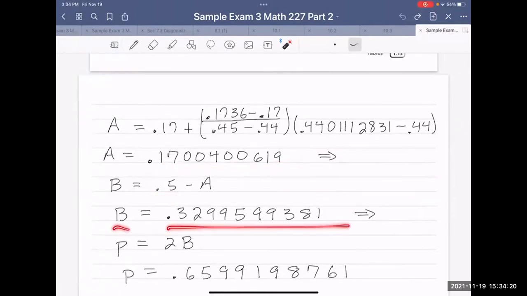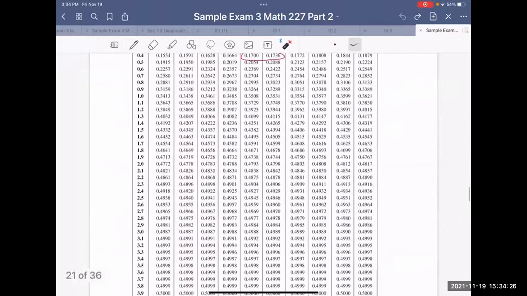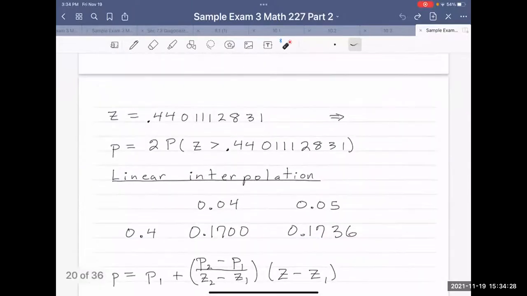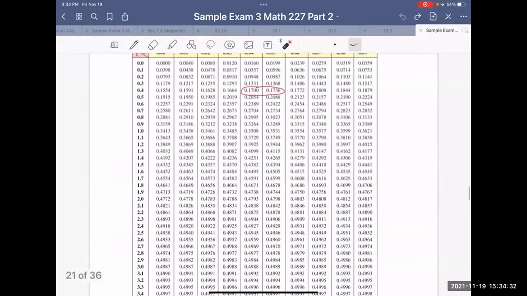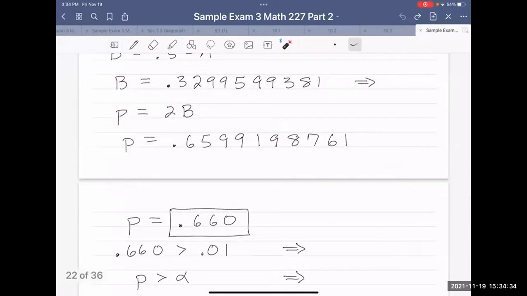So you get 0.3299599381. And that gives you this. So I need to double it to find my p-value. So p is equal to, doubling this, 0.65999198761.